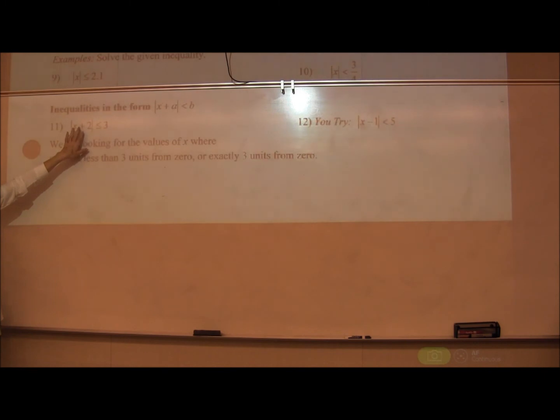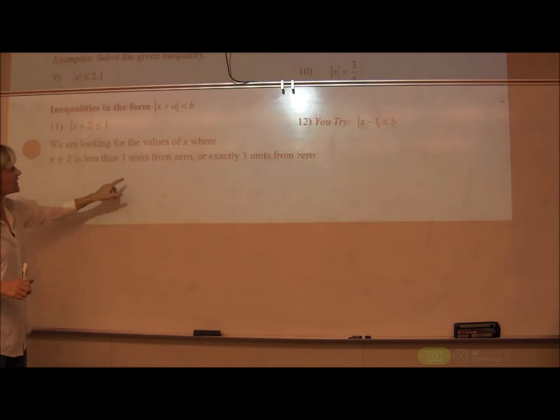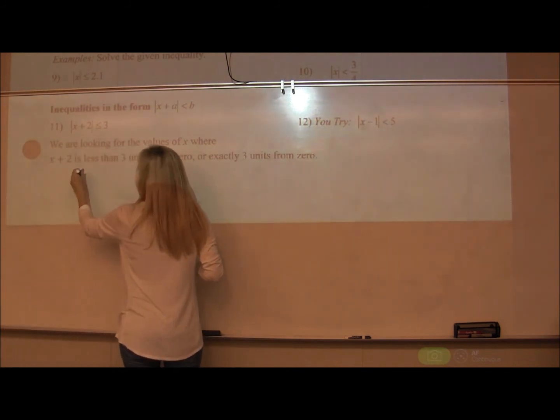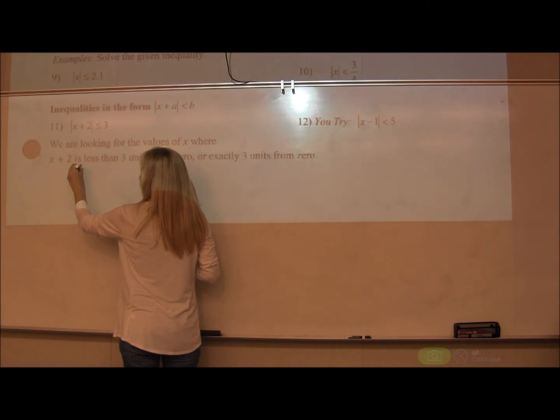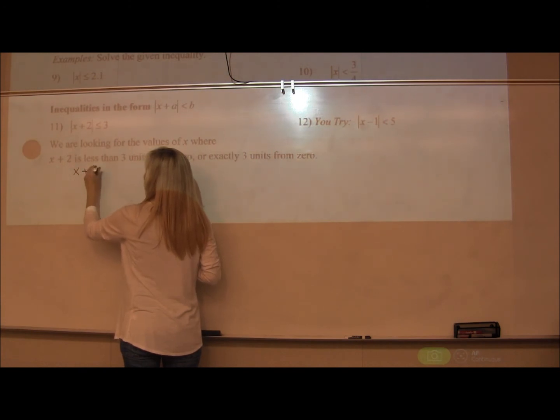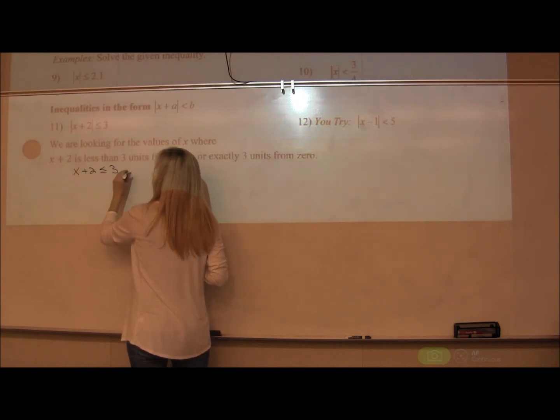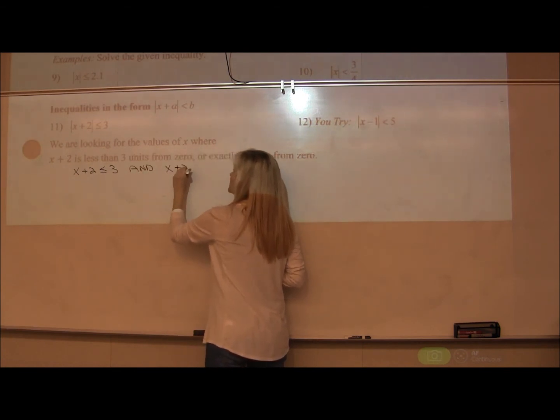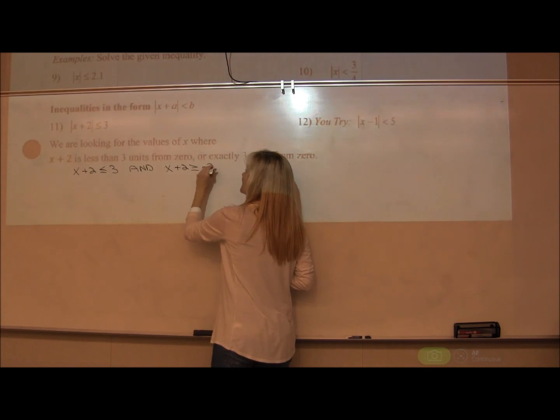So we've got, in this case, x plus 2 is less than or equal to 3. So we're looking for values of x where x plus 2 is less than or equal to 3 units from 0. Okay? So our easy one is x plus 2 is less than or equal to 3, and then we have x plus 2 is greater than or equal to negative 3.